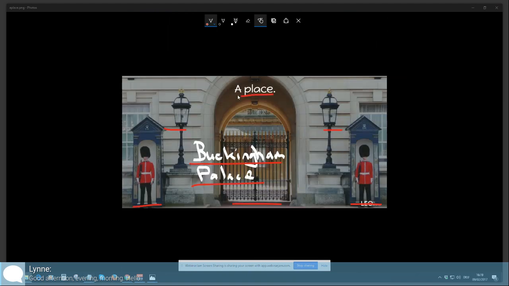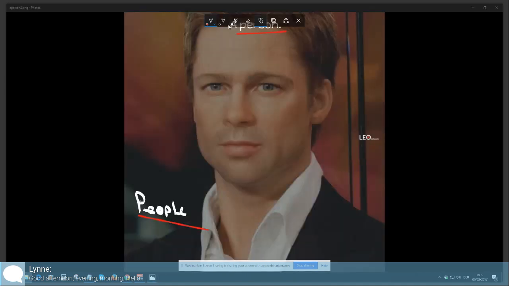A place, a. Yeah. Buckingham Palace, still a noun. We'll go into why it doesn't have a, an, or the in another session, quite a bit further on. A person, people, again, why no a, an, the? Still a noun, but if it does have a, an, the, it's always a noun.